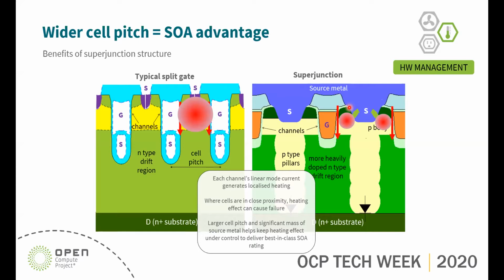And the result is that with the wider cell pitch, the current that you would normally get in a narrower cell pitch, being too much to handle, is actually made easier to handle, and therefore makes the actual silicon heat up less, ending up with better performance in SOA type applications.